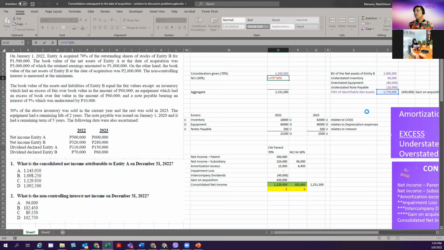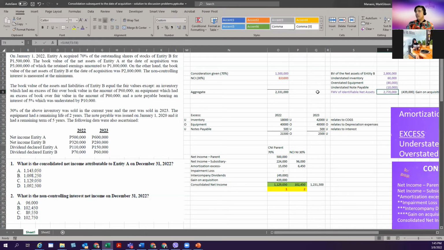So in this case, 2,770,000 multiplied by 30% para makuha natin 831,000. Okay? So with that, kompleto na yung mga factors. So we have 2,331,000 total aggregate.